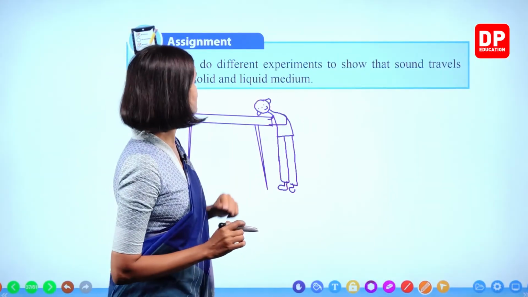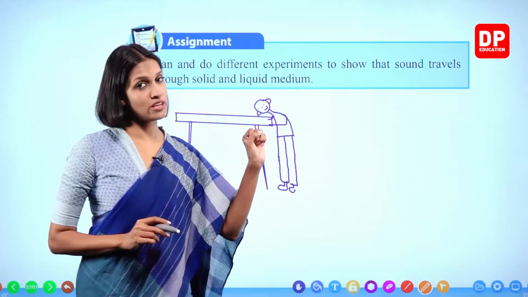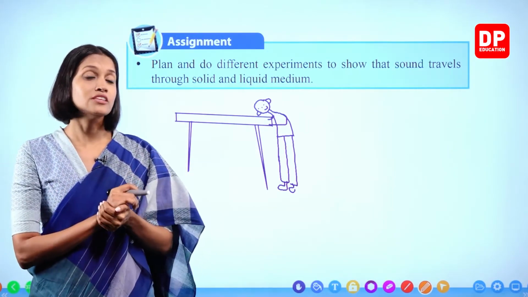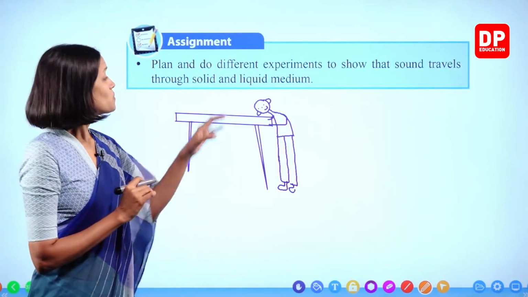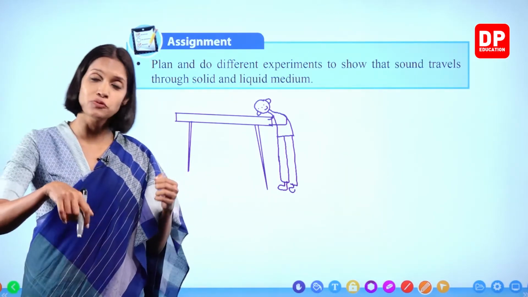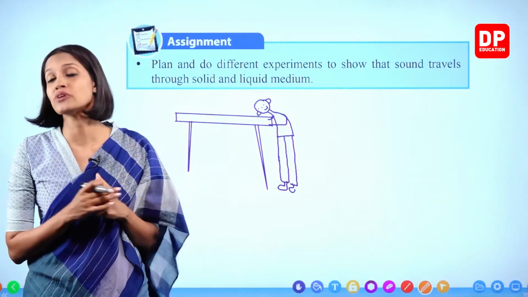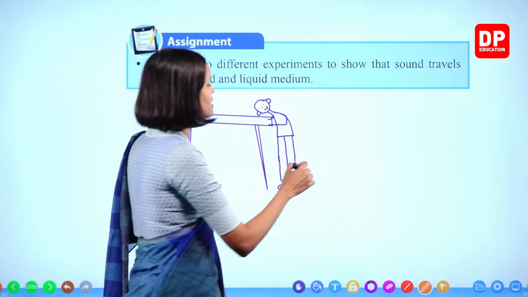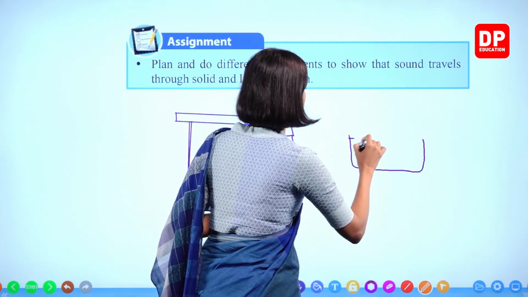What about the liquids, children? We already did one activity using the structure we made with funnels and tubes. We inserted one tube in water and made a sound in water, and we could hear the sound we made in water through the other two funnels very easily. We can do a similar activity, children. We can take a water basin and fill it with water.